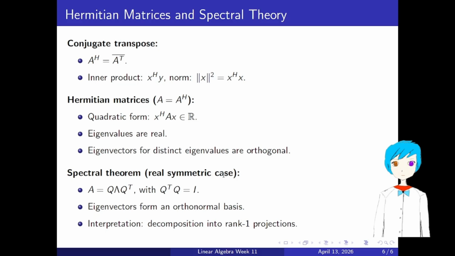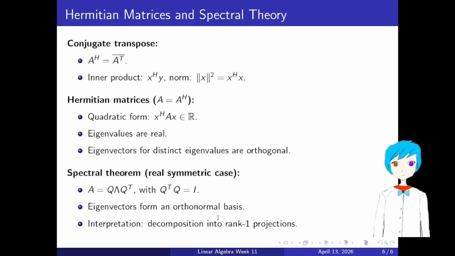For the real symmetric case and also Hermitian matrices, they have the spectral decomposition A = Q Λ Q^T, with Q^T Q equal to the identity, and Λ is the diagonal matrix of the eigenvalues. The eigenvectors form an orthonormal basis.